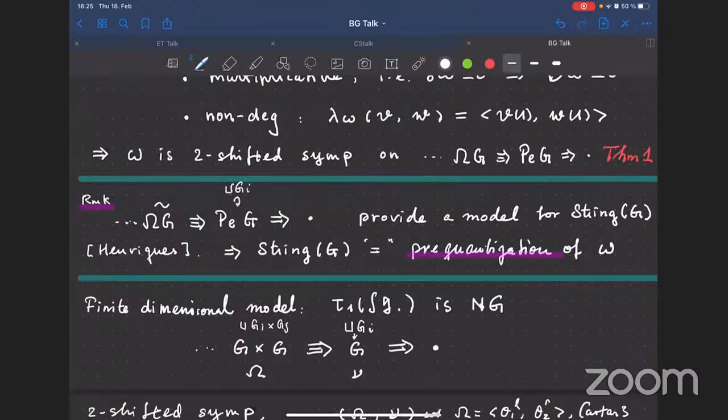Because these guys actually sit inside. Maybe one can pull back this Segal's form on this finite dimensional guy and find out some other two forms. Maybe we'll find out that that's actually already another known two form.